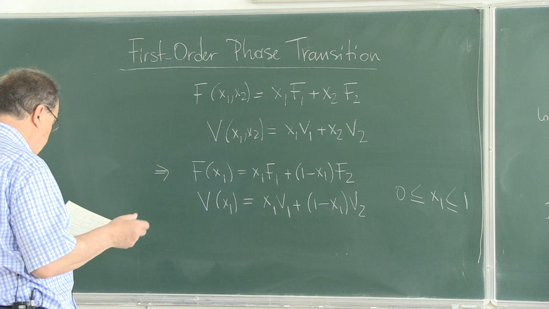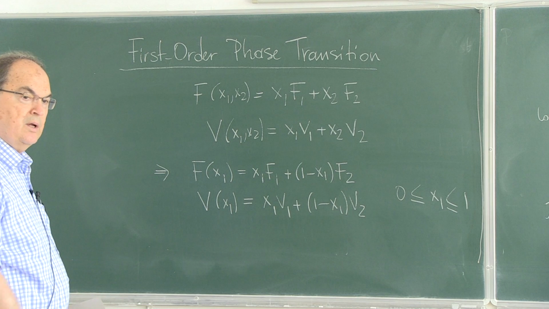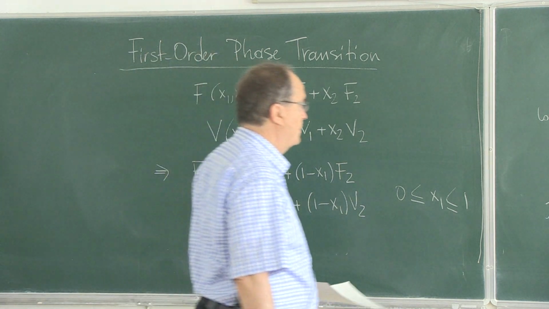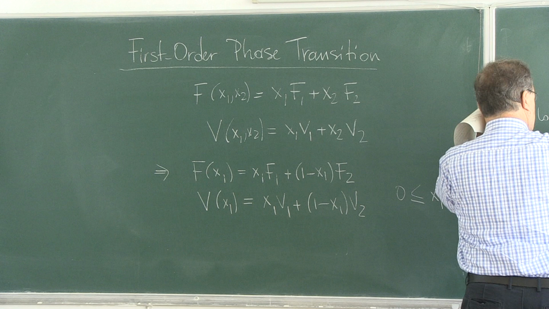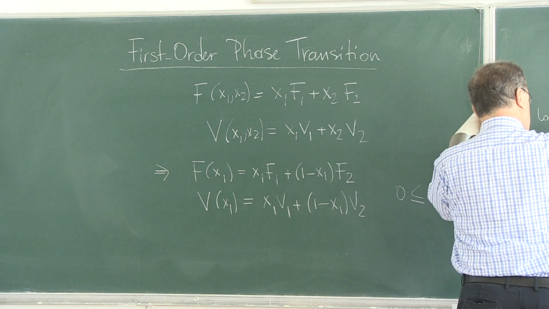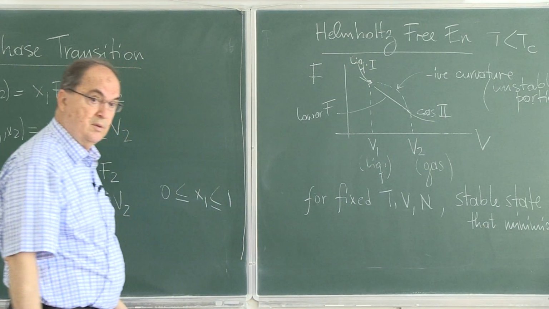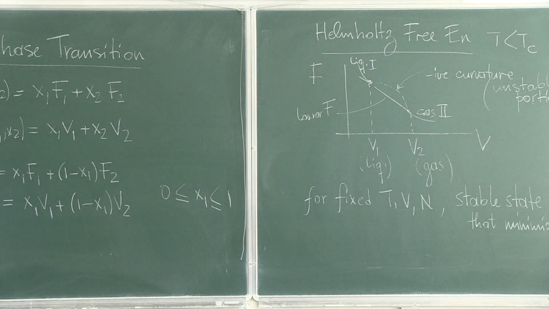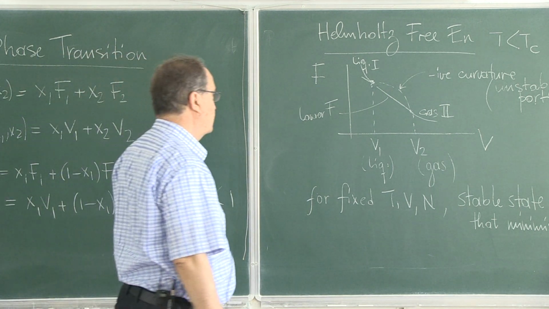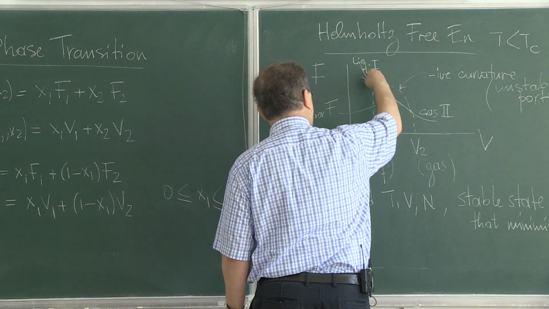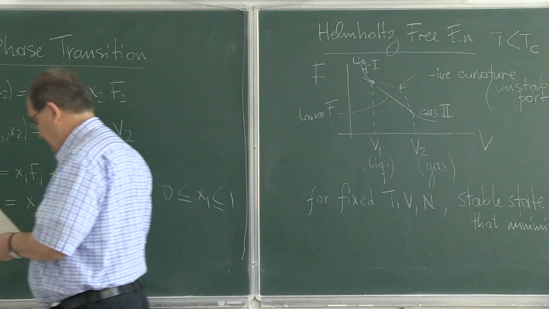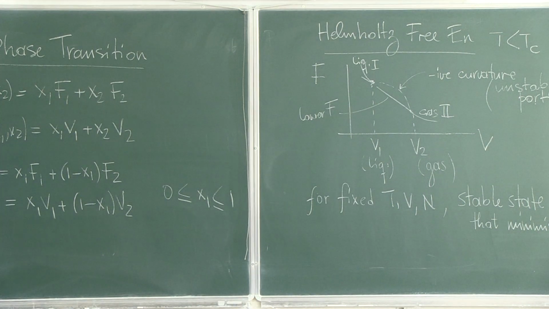If we change x1 in this range, we get along this line, isn't it? We go along this line from V1 to V2. We go in that direction. So if you change the percentage, you have to follow that straight line. You go from where to where?